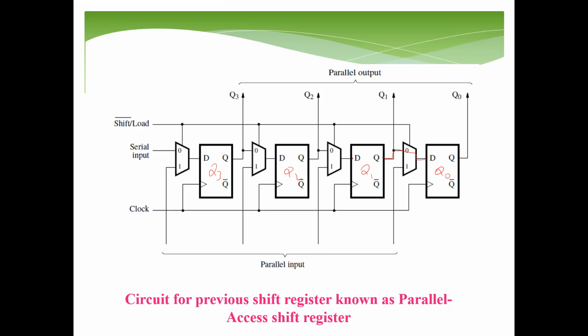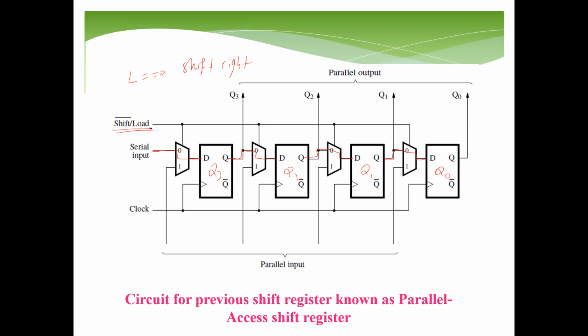Q1 is reading Q2 through this path. Q2 is reading Q3 through this path, and Q3 is reading the serial input through this path. Now the selection for this mux is going to be our signal L. We said if L equal to 0, shift right, and this is what's happening here.